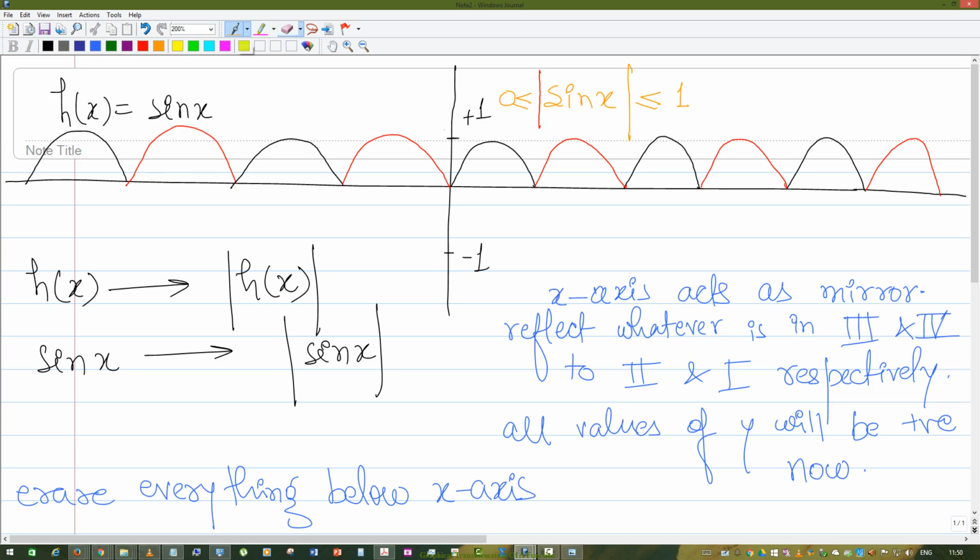One more important thing to note here is that this is a bounded function, and this is symmetrical about the x-axis.